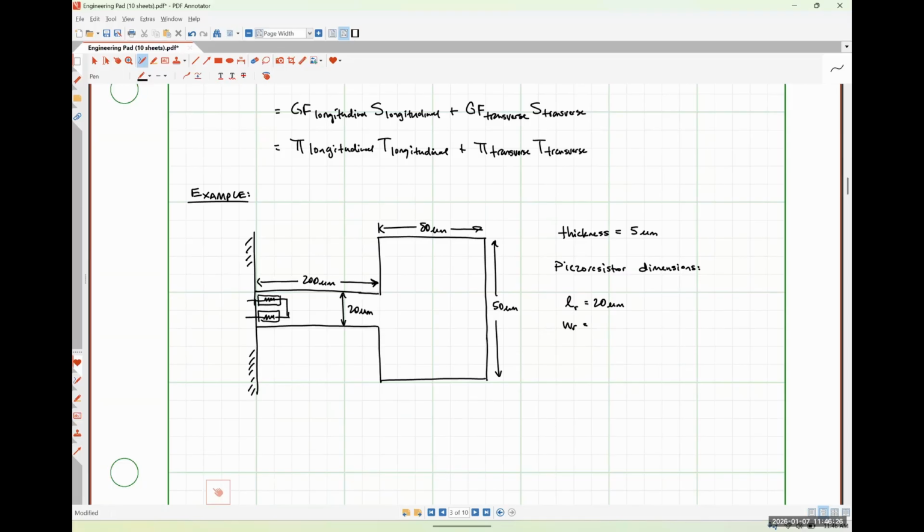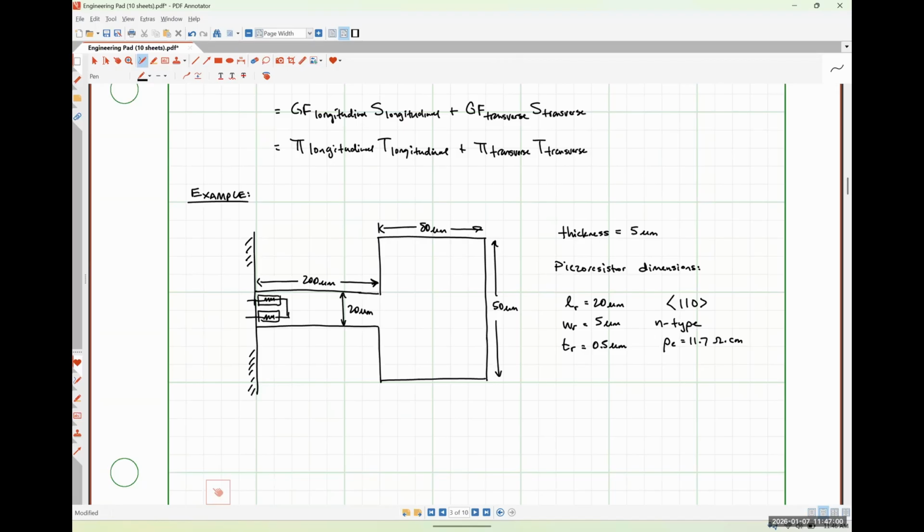The width is 5 microns. And the thickness is half a micron. We'll say that we're using specifically 100 N-type single crystal silicon that has an electrical resistivity of 11.7 ohm centimeters.